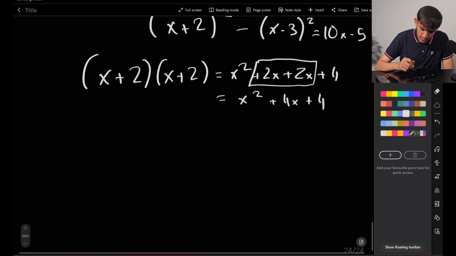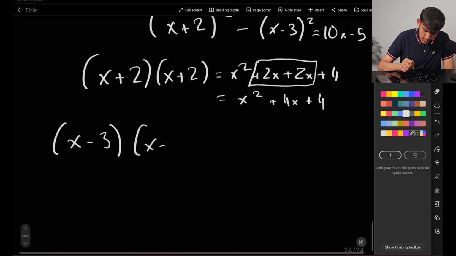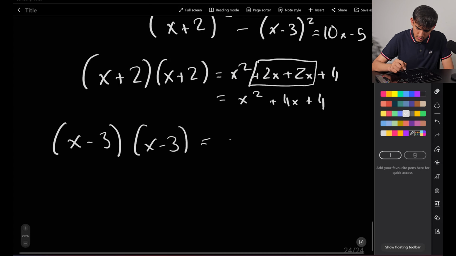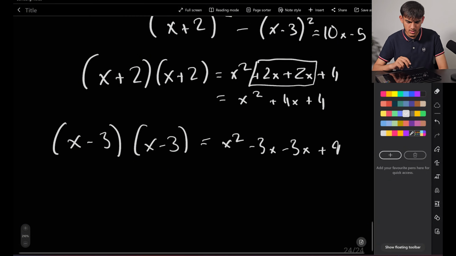Now we do the next part, so we expand and simplify x minus 3 squared, which is just x minus 3 times x minus 3, which equals x squared, and then x times minus 3, minus 3x, and then minus 3 times x, minus 3x again, and then minus 3 times minus 3, which gives us positive 9.